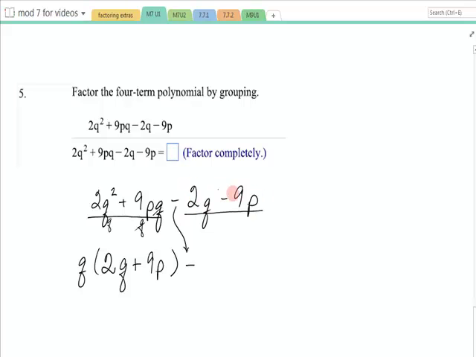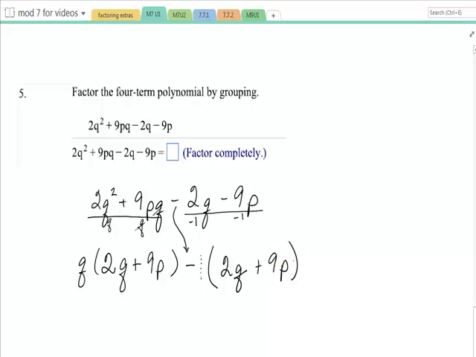Well, there doesn't appear to be a common factor. What I'm going to do is say then I will have a common factor of negative 1. Negative 2q divided by negative 1 makes it positive 2q. Negative 9p divided by negative 1 makes it positive 9p.